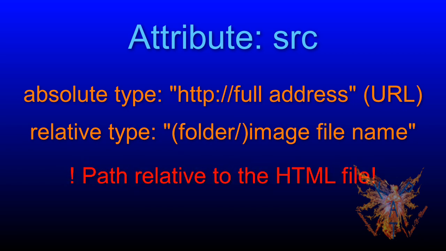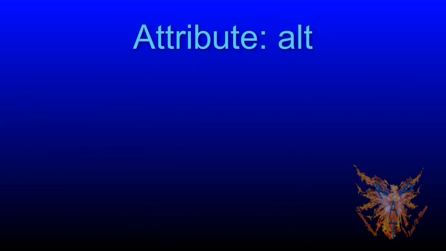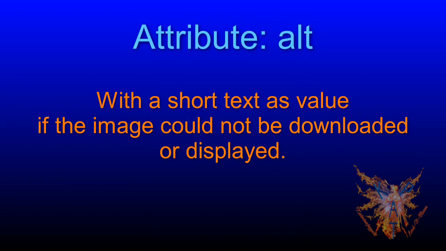Attention, for a background, the relative path is in relation to the CSS file, while for an image, it is in relation to the HTML file. And secondly, the attribute, alt, as an alternative, which will contain as value, a short text which will be displayed instead of the image, if this one cannot be downloaded or displayed.